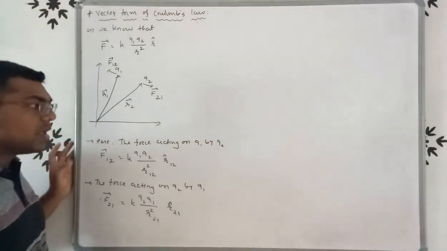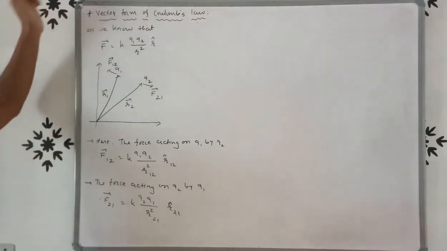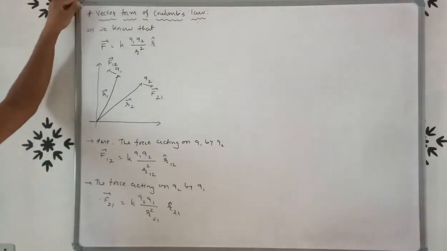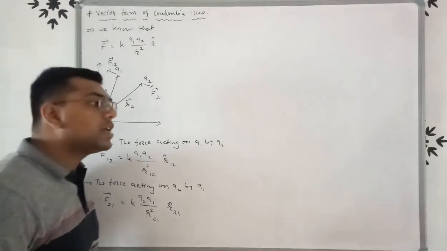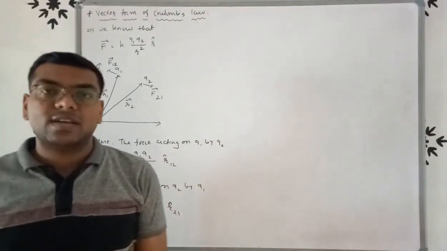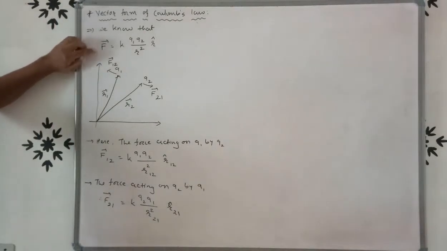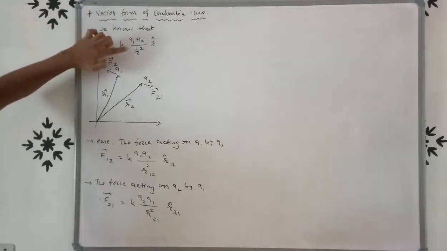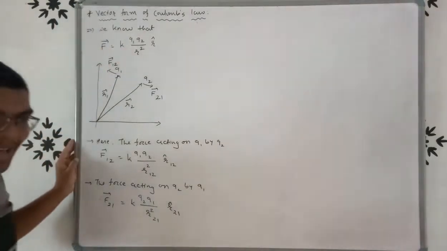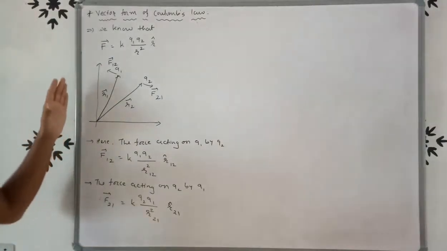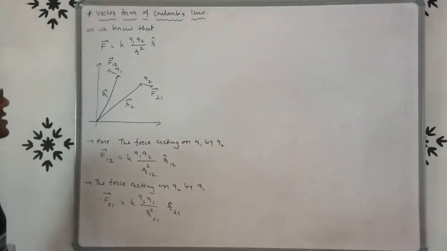So again, see, yesterday we already proved that F is equal to K q1 q2 upon R square. So in vector form, we can write that vector F is equal to K q1 q2 upon R square into R cap. Now from the figure we can say that R1 and R2 are the position vectors of point charges q1 and q2.